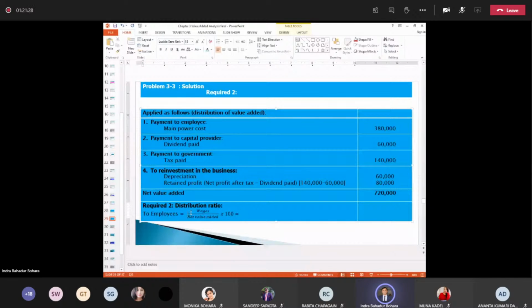You substitute: wage, meaning manpower cost, is 3,80,000 and total value added is 7,20,000. What percentage is the distribution to wage?